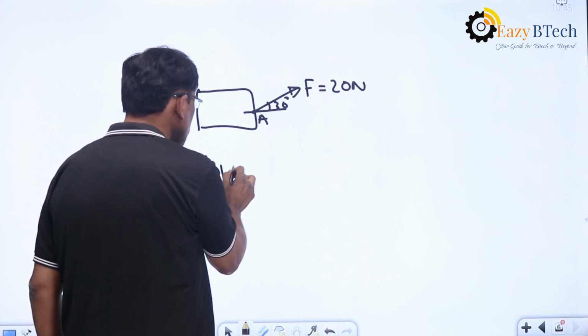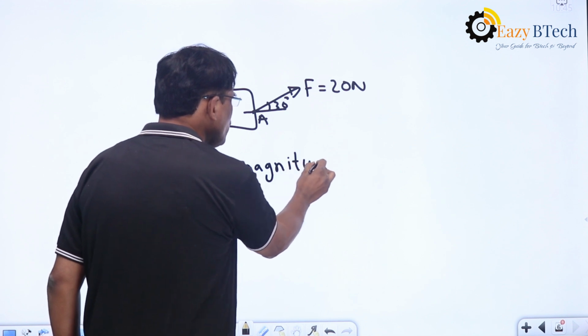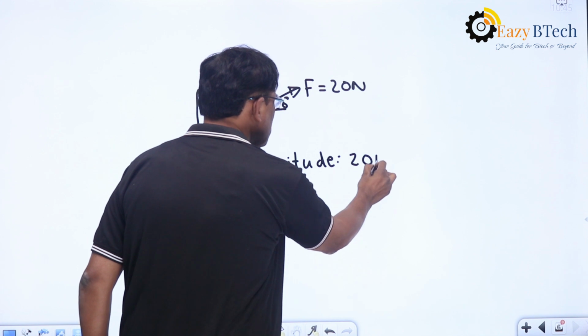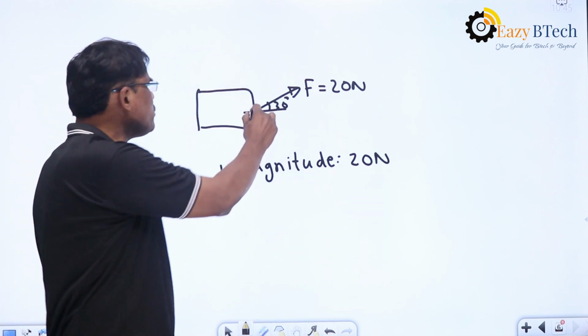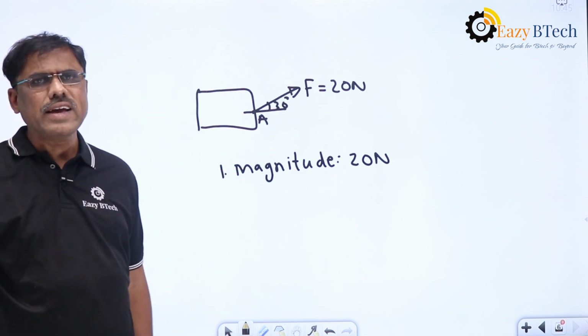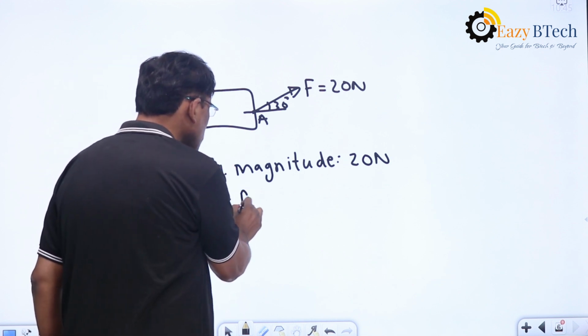In this one, the first characteristic is magnitude, which is nothing but the value, that is 20 Newtons. And what is direction? It is a pull type of force, making an angle of 30 degrees with the horizontal line. So this is the direction.